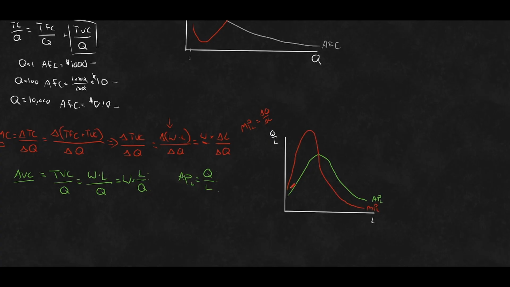Marginal product of labor quickly spikes. We hit our point of congestion right there at the top. Initially we're getting more and more output for every additional worker we add. We hit our peak, and then we quickly drop off such that every additional worker we add gives us less and less extra output. They always cross at the maximum average product of labor.